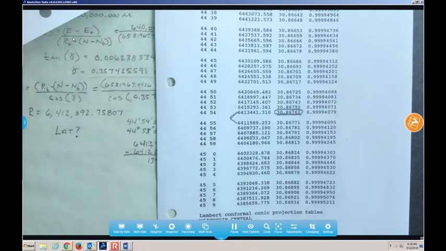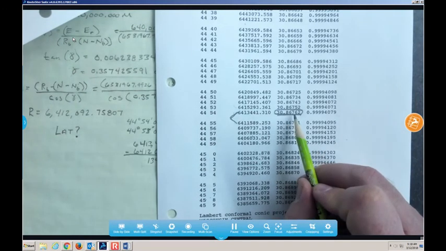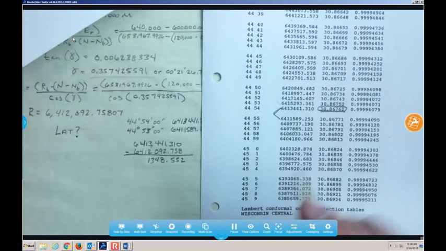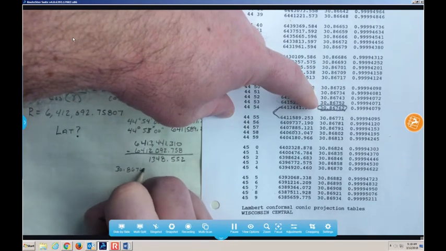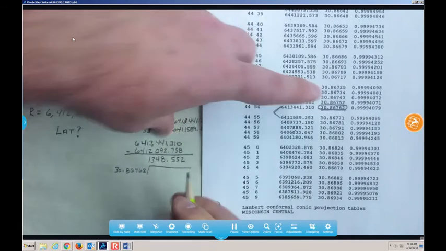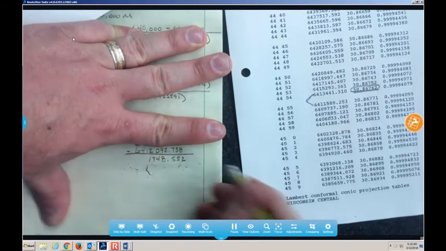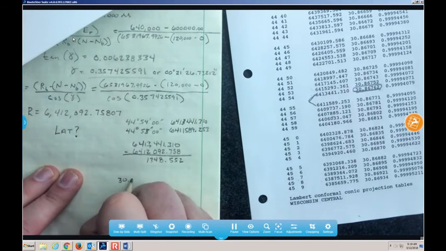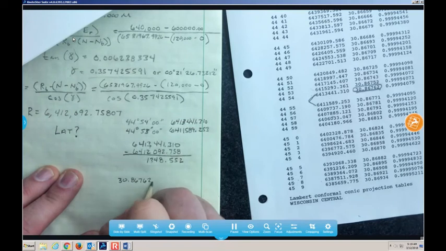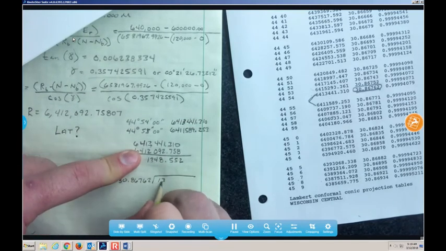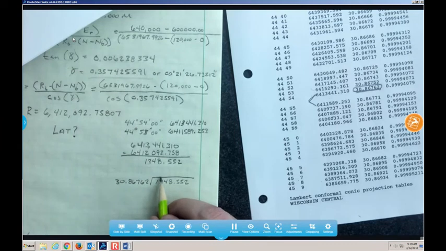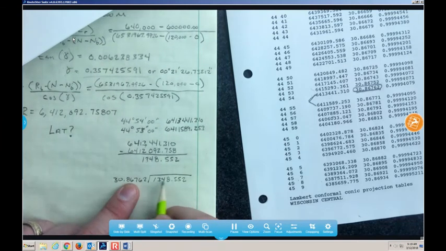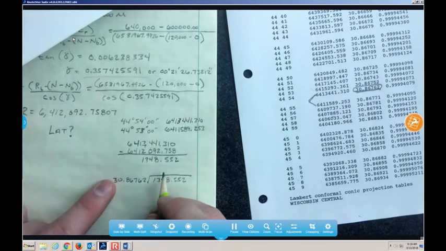So we're going to take 30,867.62 and divide 1348.552 by that, and that's going to tell us how many seconds we have to add to one of these or subtract.